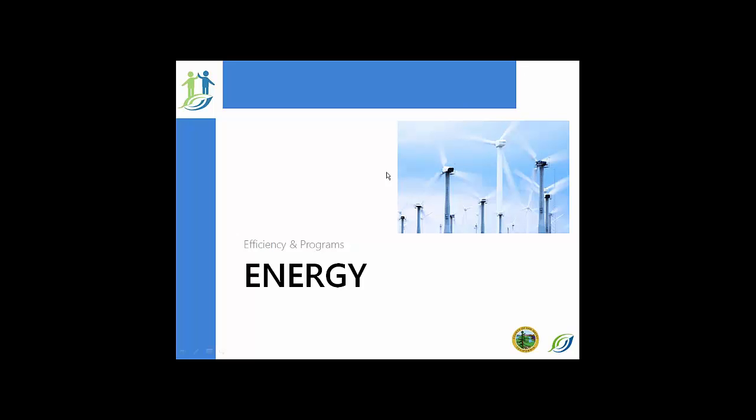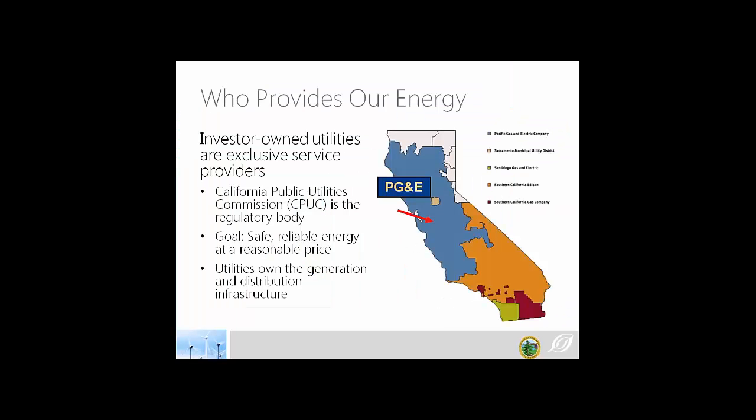Okay, if we could go to the next slide here. First off, I wanted to go over who provides our energy here in San Mateo County. Here we have PG&E, an investor-owned utility regulated by the California Public Utility Commission.